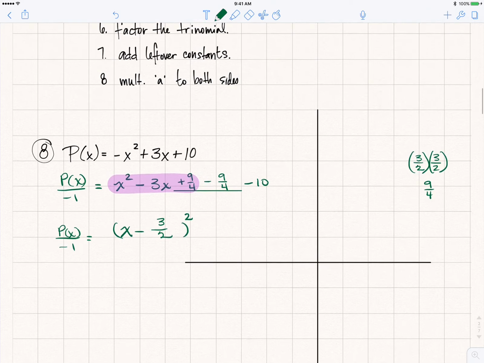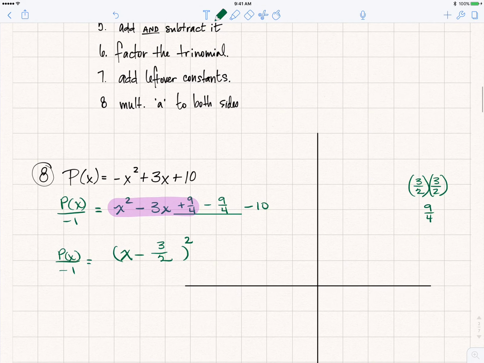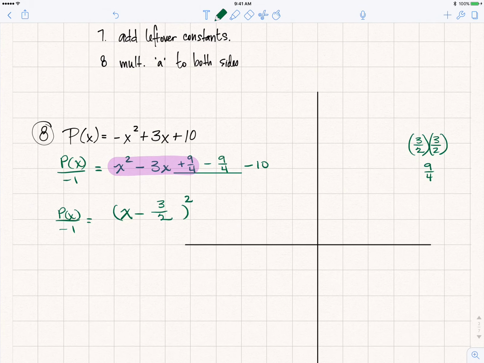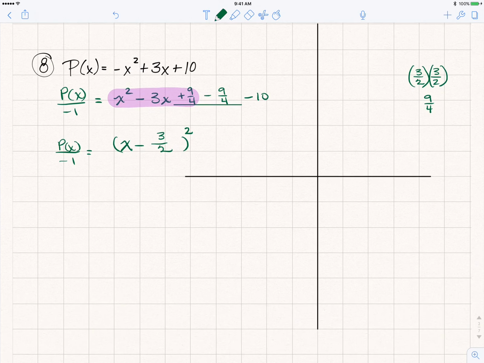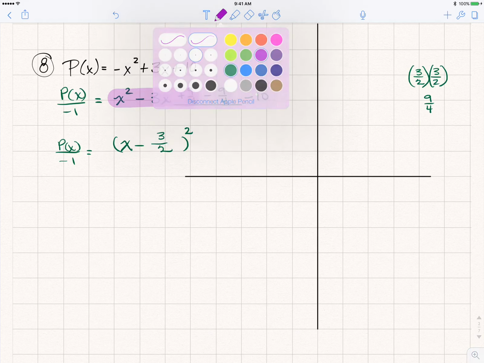Now at this point, we have factored our trinomial, which was step number 6. Step number 7 says that we should add the leftover constants. And this is where I want to add my -9/4 and my -10. So what I will do with this is I'll get a common denominator.